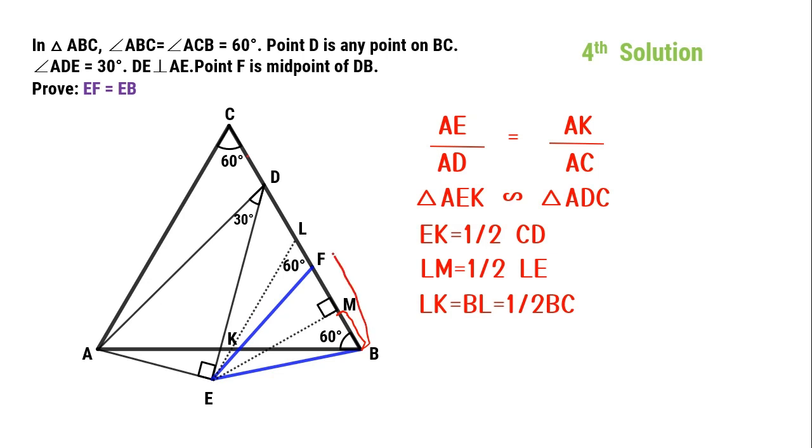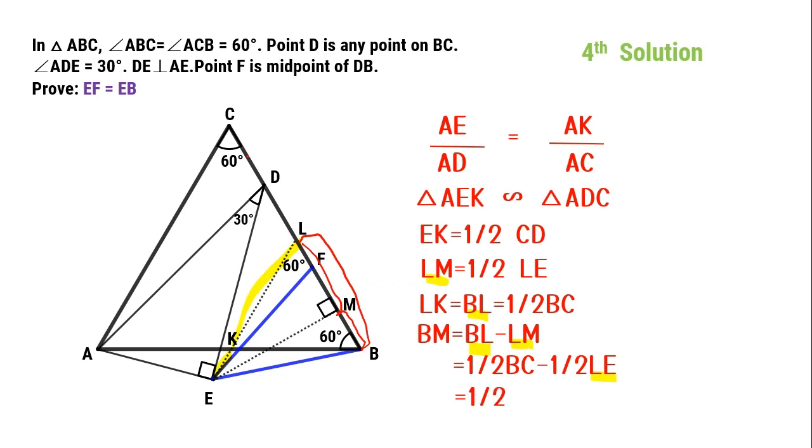Segment BM equals BL minus LM. Replace BL by BC and LM by LE. LE equals LK plus EK. LK is also 1/2 of BC.